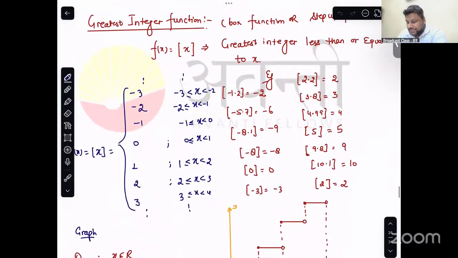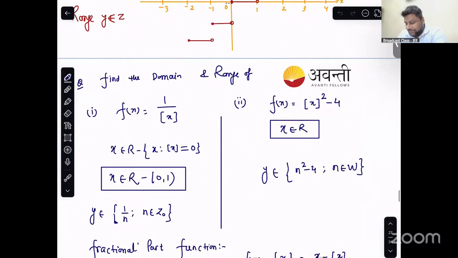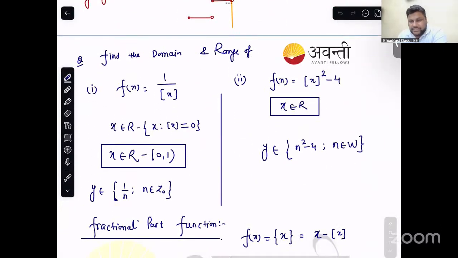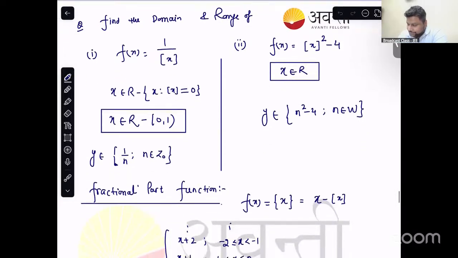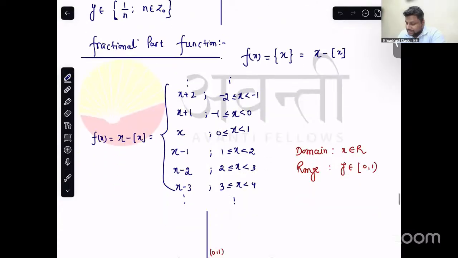Its domain is x belongs to R, its range is y belongs to Z. Then we have done 1 upon greatest integer x function, its domain R minus [0, 1), because between 0 to 1 the denominator gets 0. Its range is the reciprocal of all non-zero integers. Then we have done the fractional part function, that is x minus greatest integer function.